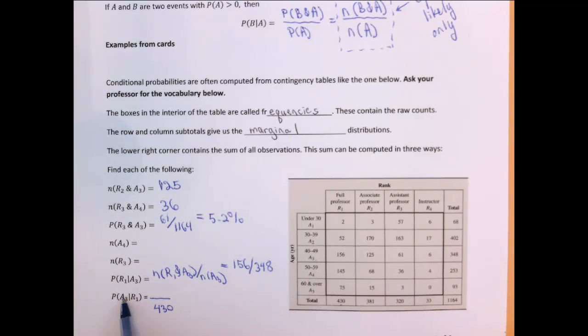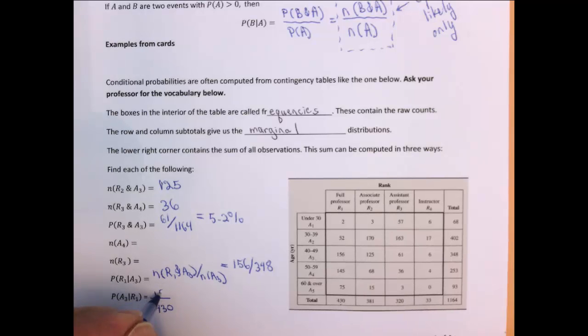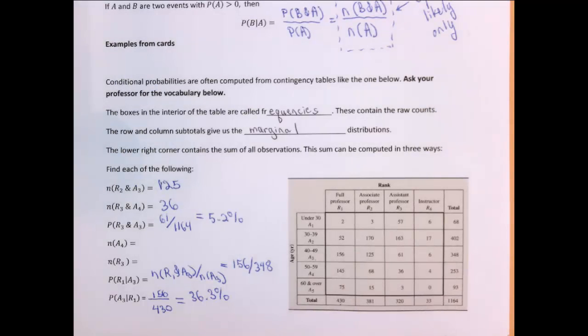For age group 3 in rank 1, we find 156 individuals. That gives us a probability of approximately 36.3% of choosing someone in age 3 if we choose exclusively from academic rank 1.